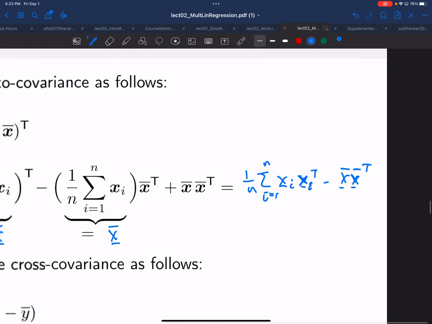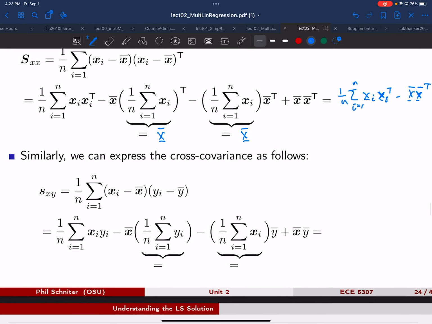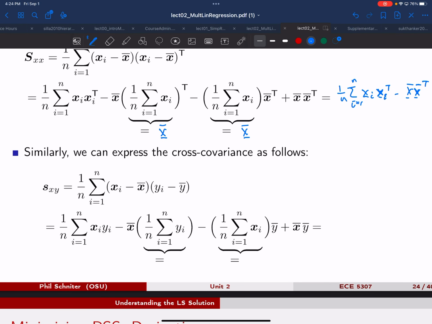Okay, so we can do the same thing for this quantity. We have the first term here, this inner term here, this outer term here, and the last terms here. And now, in this case, we can simplify by noticing that this is y bar, right? This is x bar.